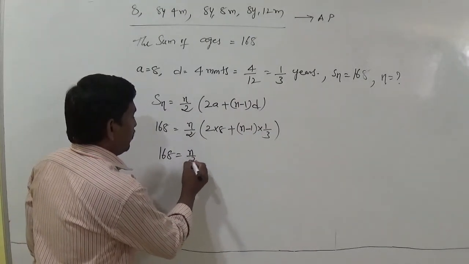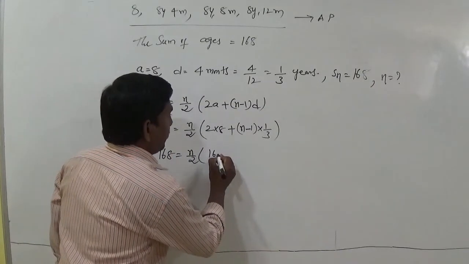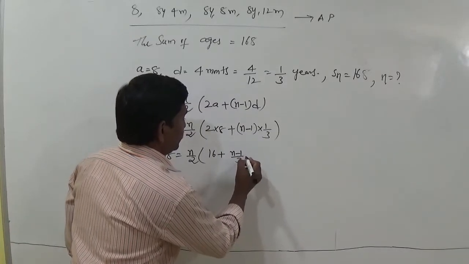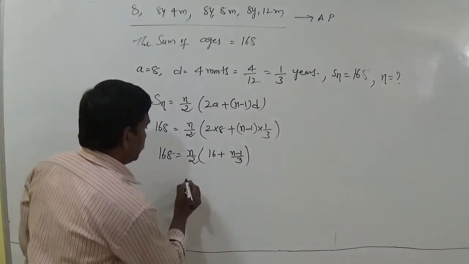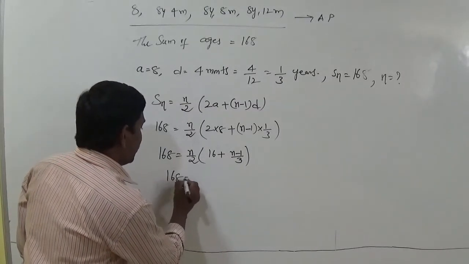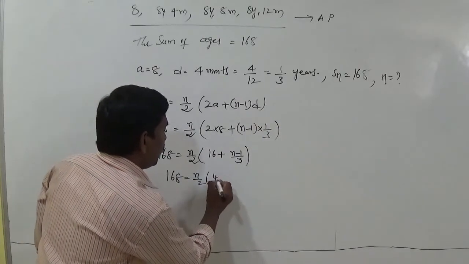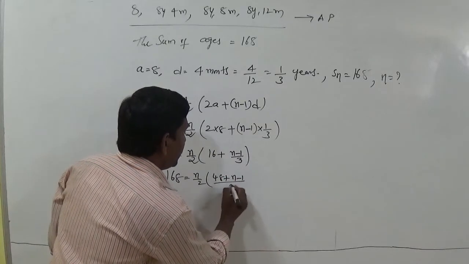So 168 equal to n by 2 into 16 plus n minus 1 by 3.